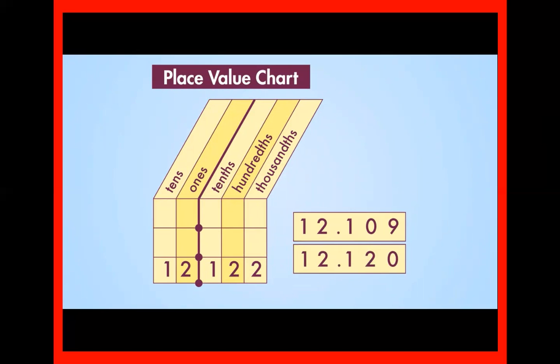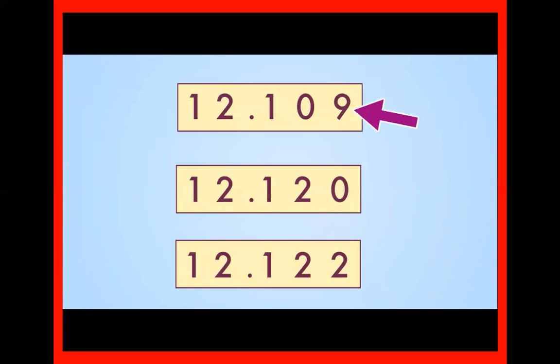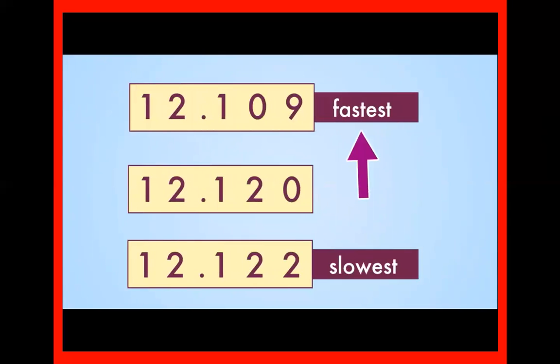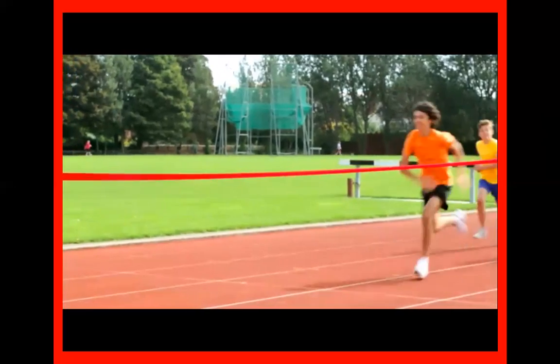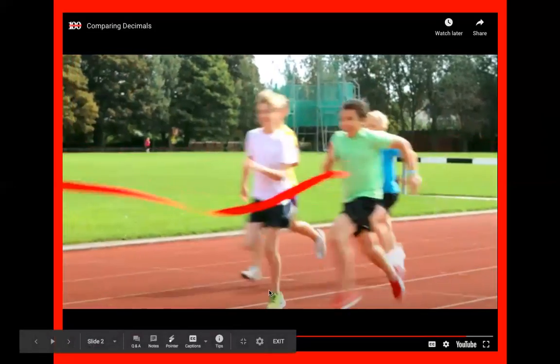So the numbers from least to greatest are 12 and 109 thousandths, 12 and 120 thousandths, and 12 and 122 thousandths. This means the fastest runner completed the 100-meter dash in 12 and 109 thousandths seconds. For more practice comparing decimals, open your Scholastic magazine.